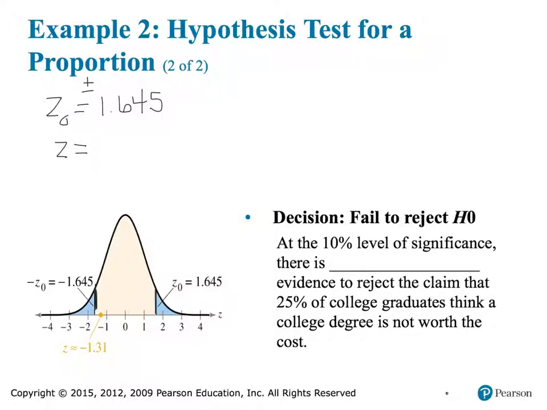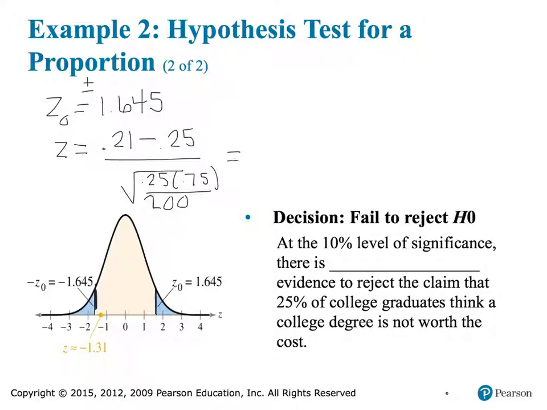We take our sample proportion, 0.21, minus the population proportion in the null, 0.25, and divide by our standard error, the square root of PQ over N, which would be the square root of 0.25 times 1 minus 0.25 over the sample size.